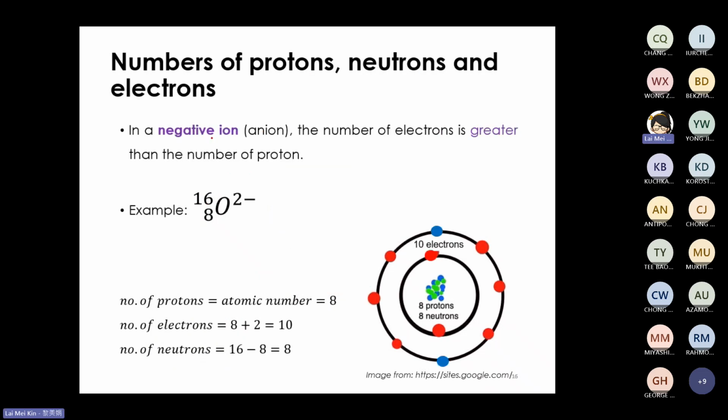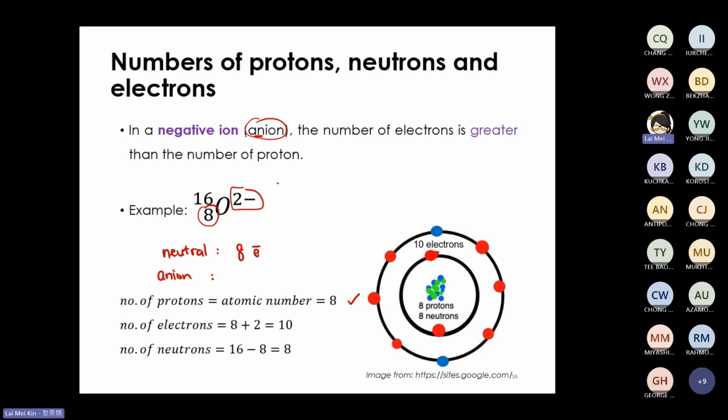Okay, so for a negative ion, we also know it as an anion, negative. All right, so proton number will be the same. What about number of electrons? You have to start from neutral. It will have 8 electrons. But what does it mean to have a -2 charge?